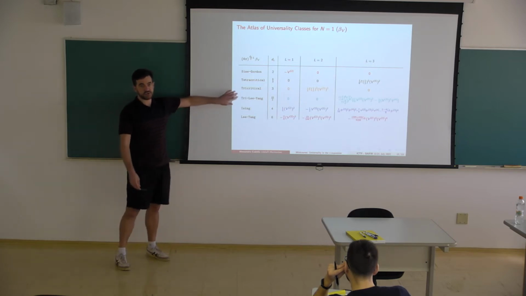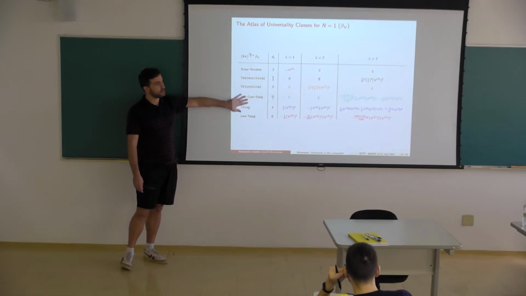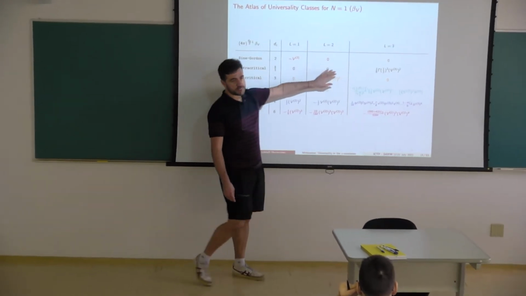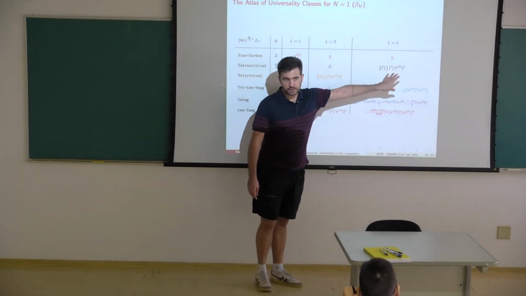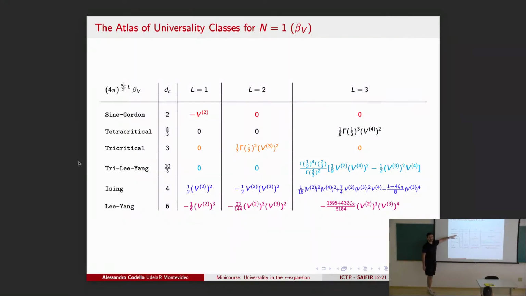What we came to after the first 2 lectures is this map. This is a table that, as we explained, can be generalized to any loop order, and at any loop order there is a certain set of upper critical dimensions that appear. In particular, upper critical dimensions are in one-to-one relation with universality classes when we speak about one component.